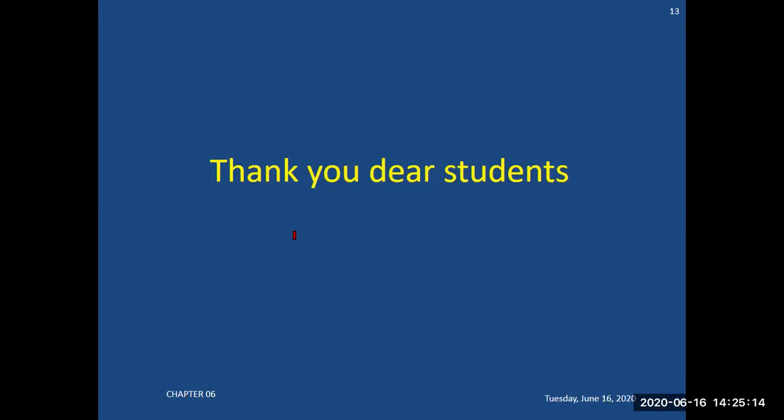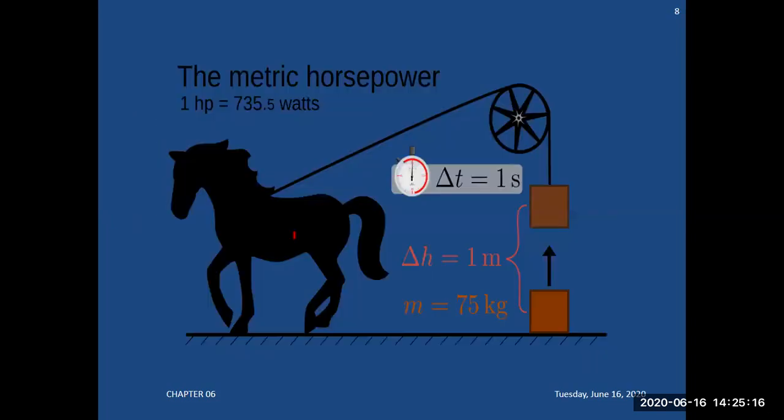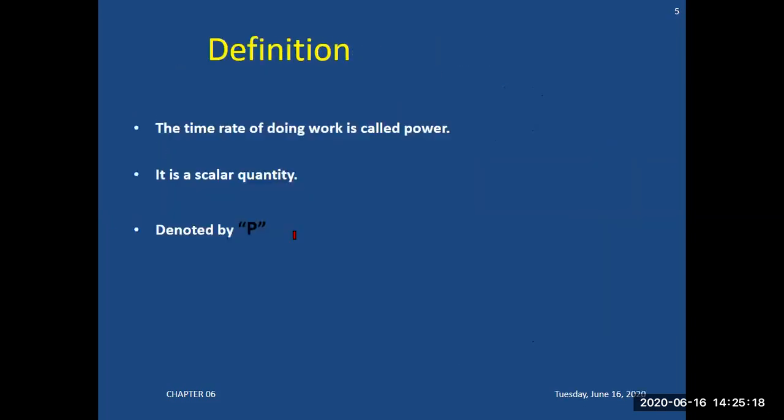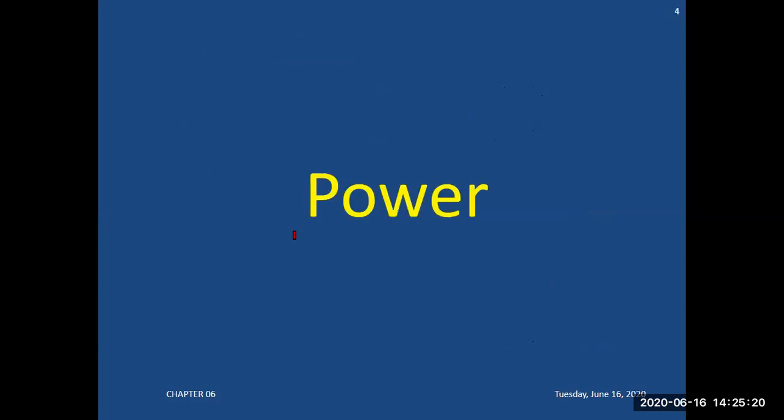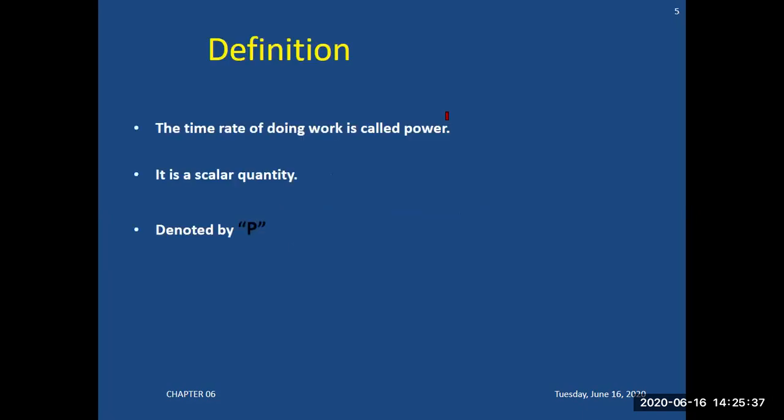So before we end, let's see the main topic for today, and that is power. We have discussed power in detail. Basically, it is the amount of work done per unit time, and you have written the formula for it. This is the definition of power, and we said that power is a scalar quantity.